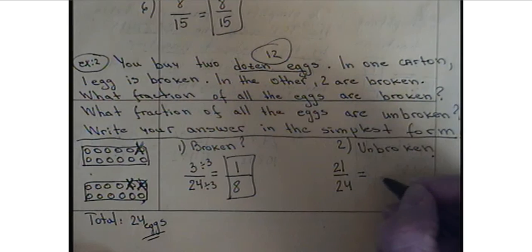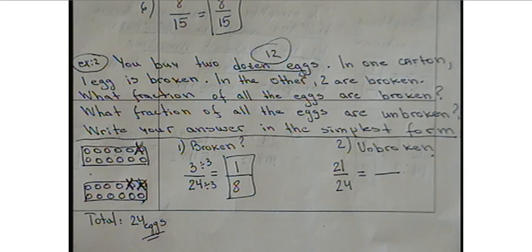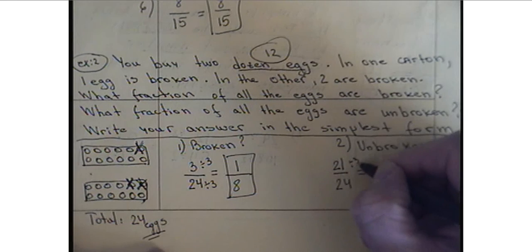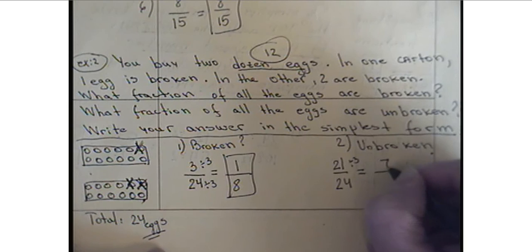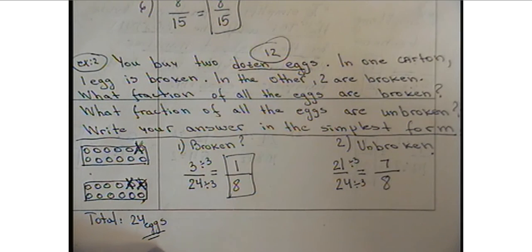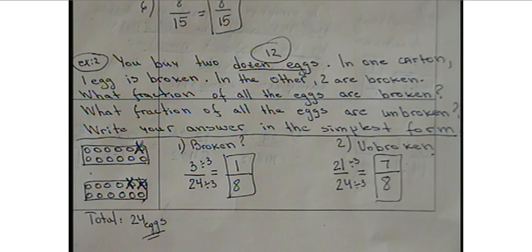So think about 21, 24, one odd, one even number. We can't divide by 2, but can we divide by 3 maybe? Yeah, let's try this. So divide by 3, 21 divided by 3 is 7, 24 divided by 3 is 8. Well, looks like this will be the simplest form, 7/8. We can't go any further than that.